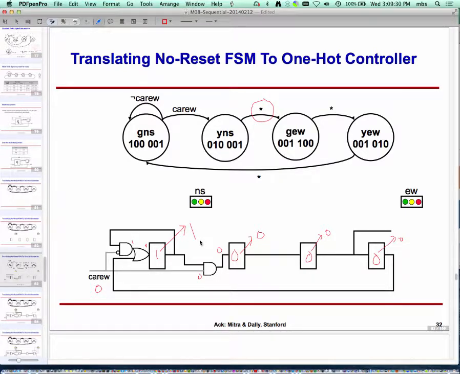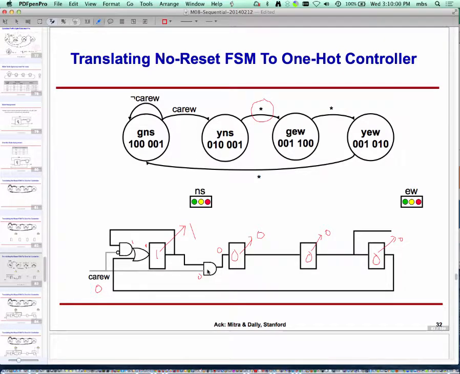So what you really are doing out here is that for each one of these flip-flops, you are basically looking at the incoming edges and asking under what condition do I stay, what happens out here? If I look at the second flip-flop, I come to this second state if I was in GNS and car east-west was high.